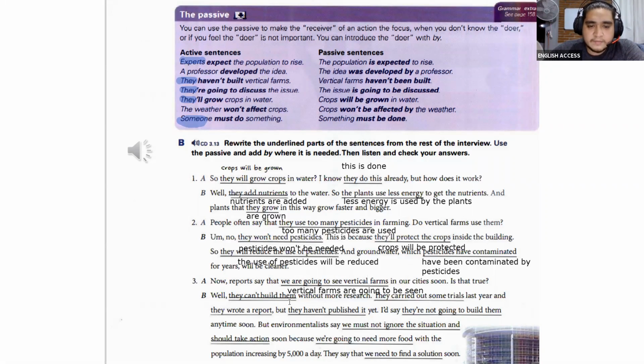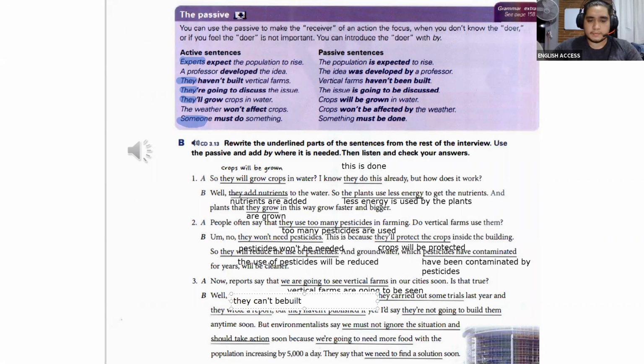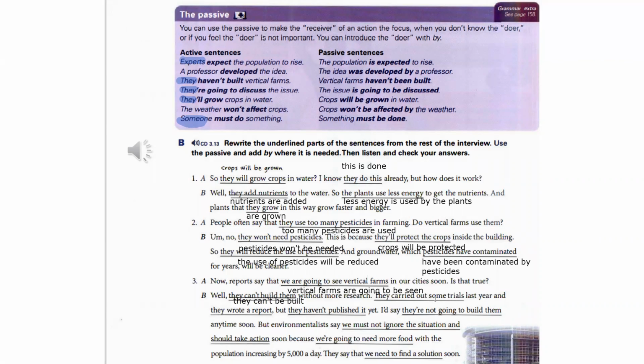Well, they can't build them without more research. They can't be built. They can be built.